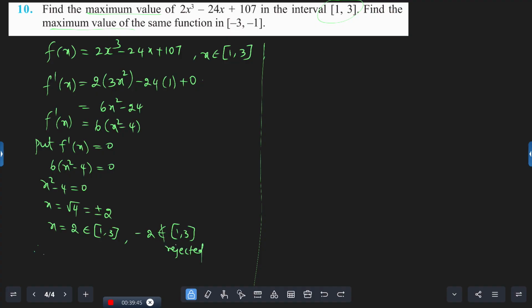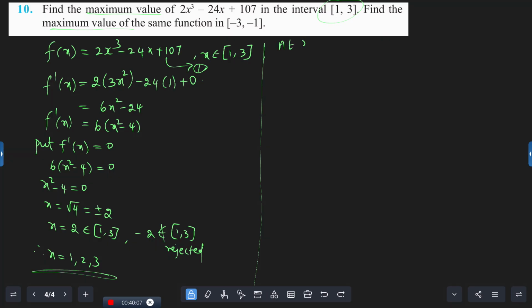Then finally we have x values 1, 2, 3, that is, the end values of the interval and what we got. Totally three values you have to take as x. Understand? Now you have to substitute in the function.